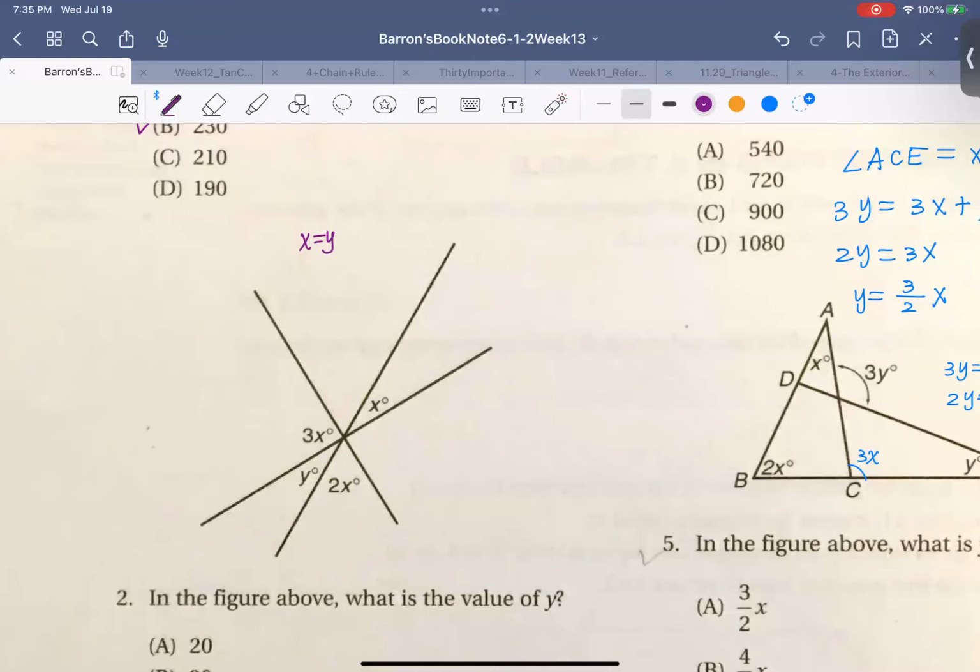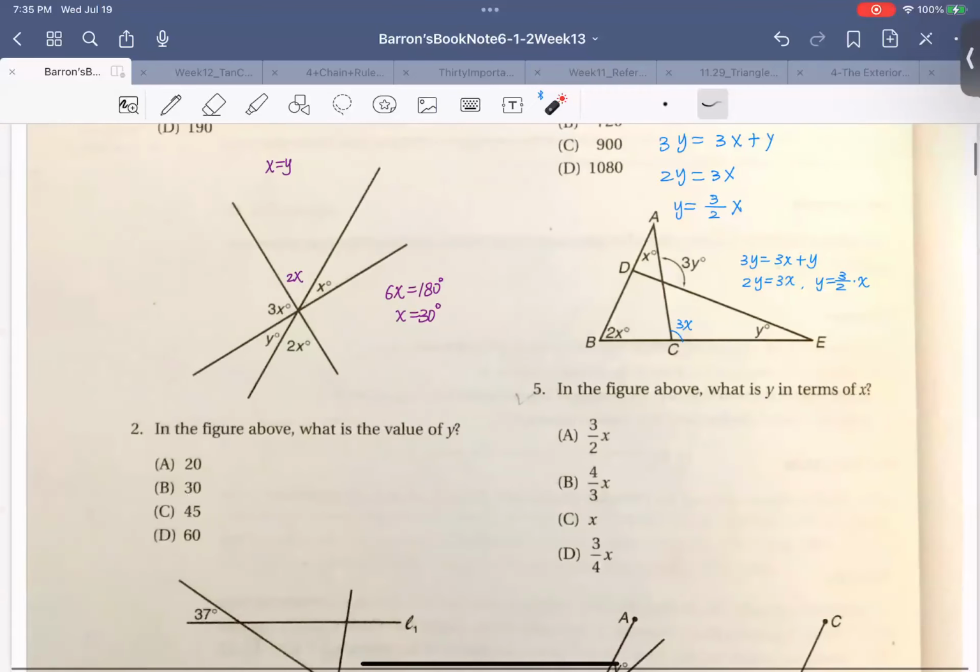Good. And this is how much total together? 180. So whole together is 180. 6X is 180. So X is 30 degrees. So Y is also 30 degrees.